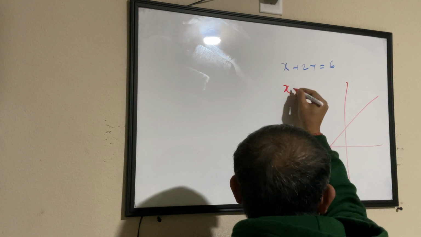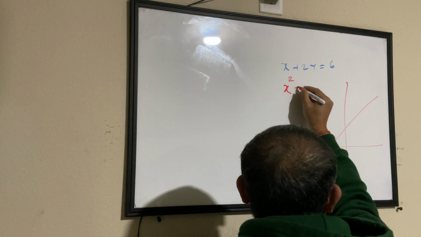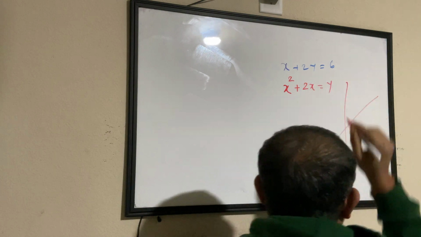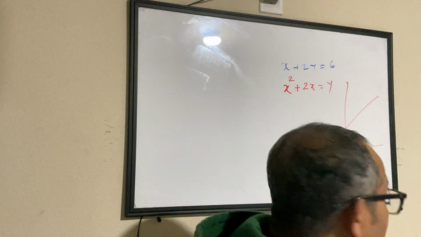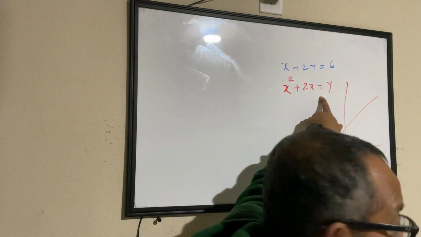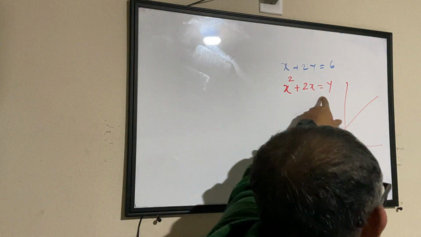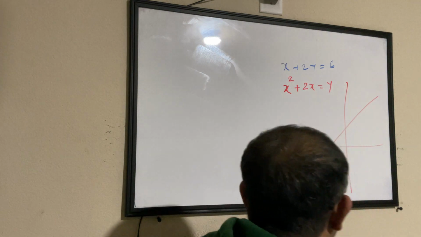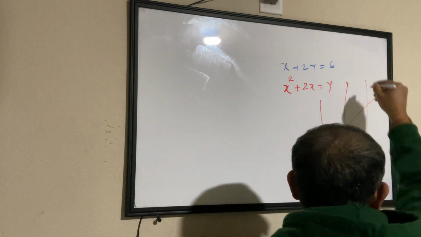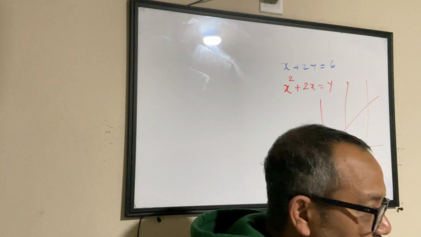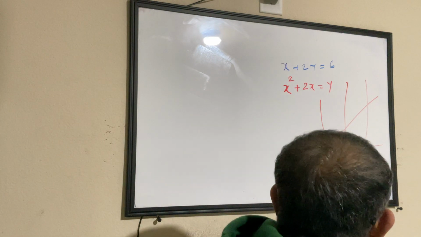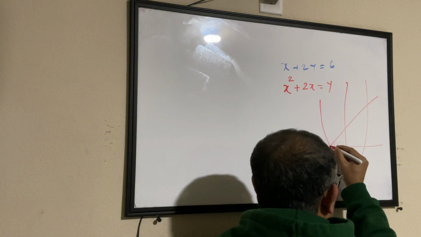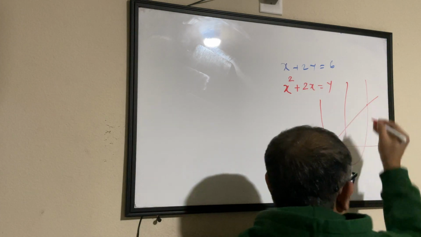But let's say I had x squared plus 2x equal to y. So we got an equation for a parabola, or a quadratic equation, whatever you call it. That will plot a parabola, and at most it can intersect the line at two places.